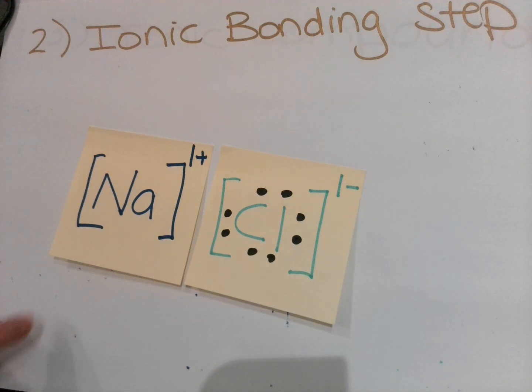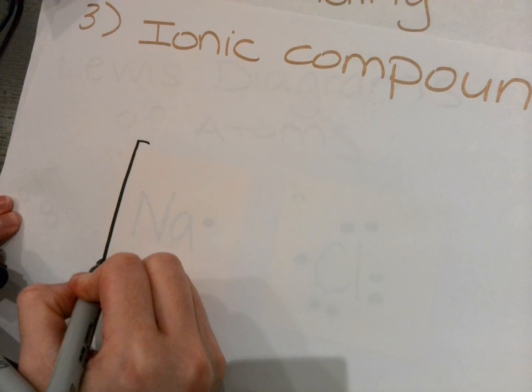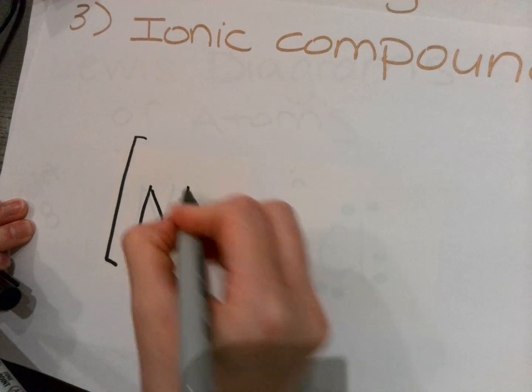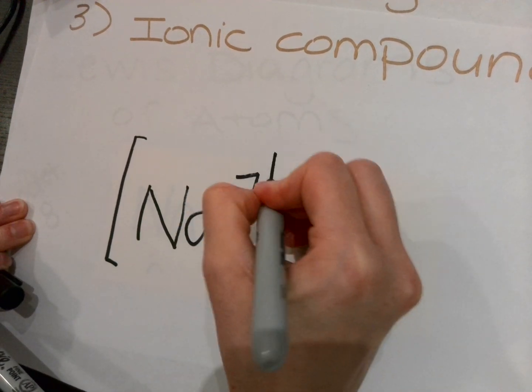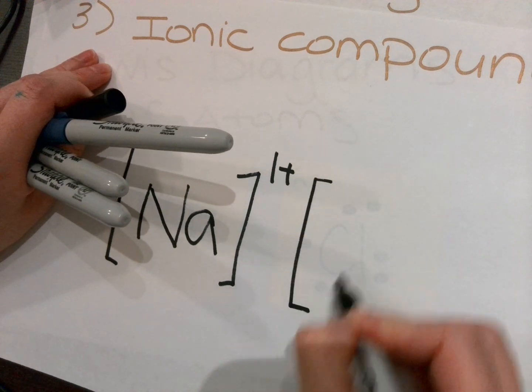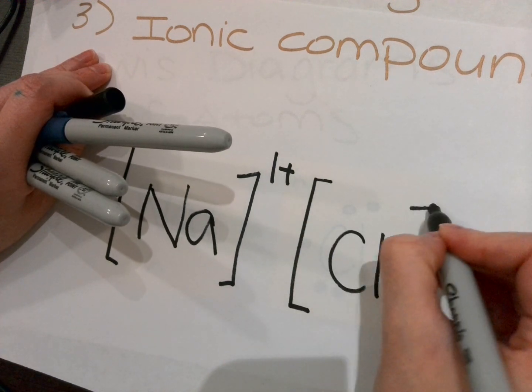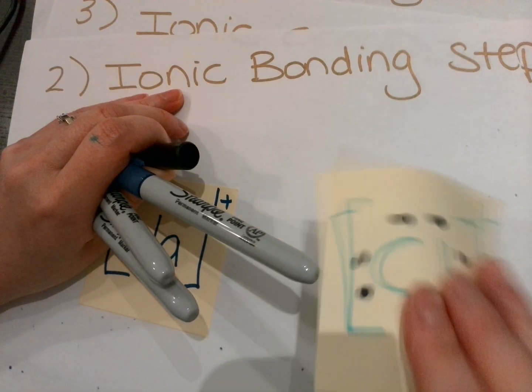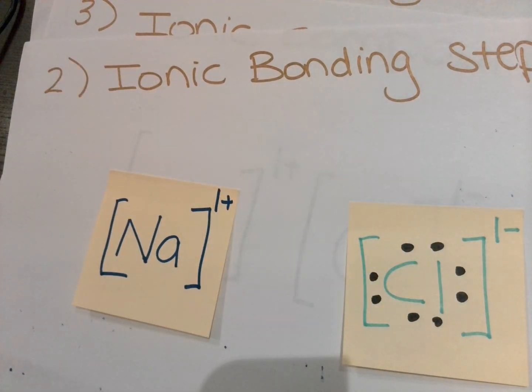The bonding step. And then finally, our ionic compound, we can just write them together. Here, I probably should have drawn them a little bit further apart just to show that they were apart.